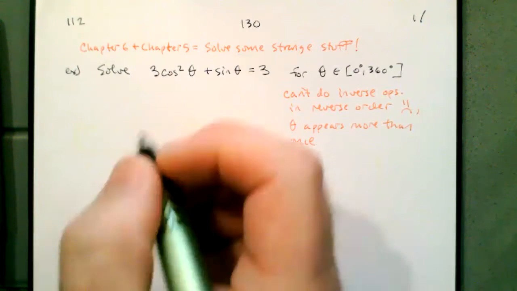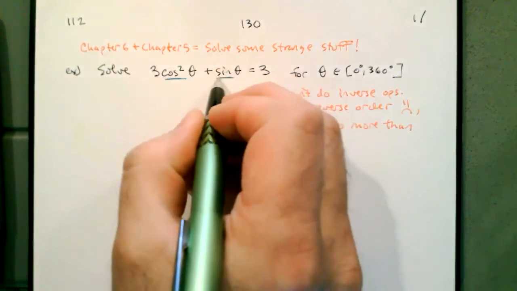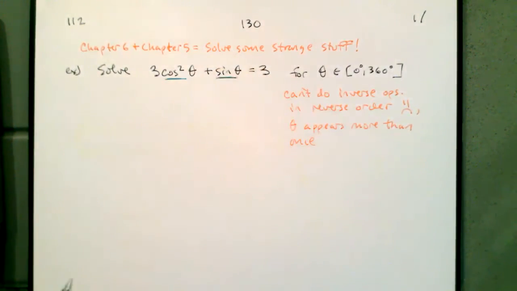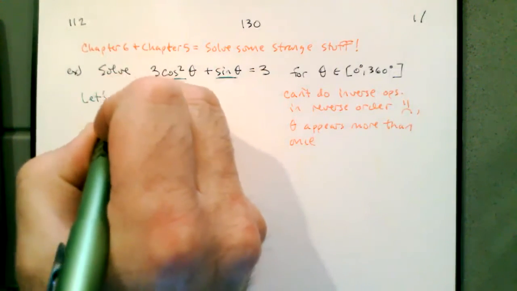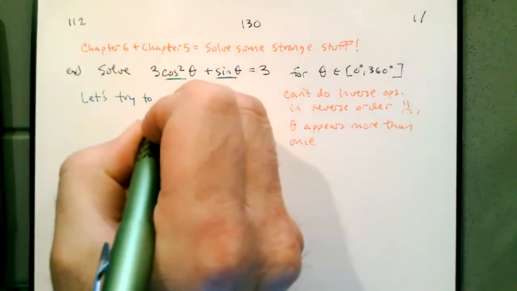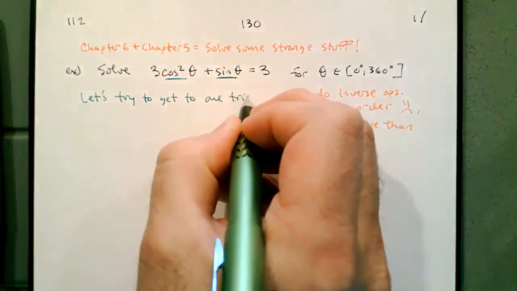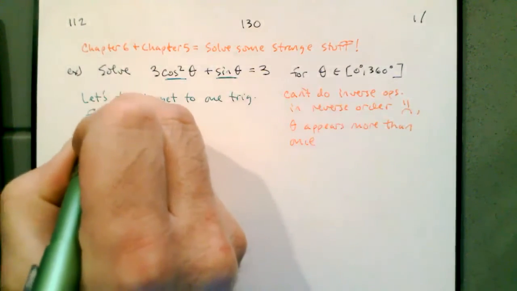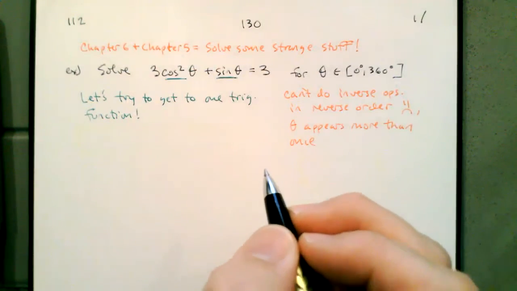So our first strategy is we've got cosines and we've got sines, and we want to try to get down to one trig function, that is, just sine or just cosine.